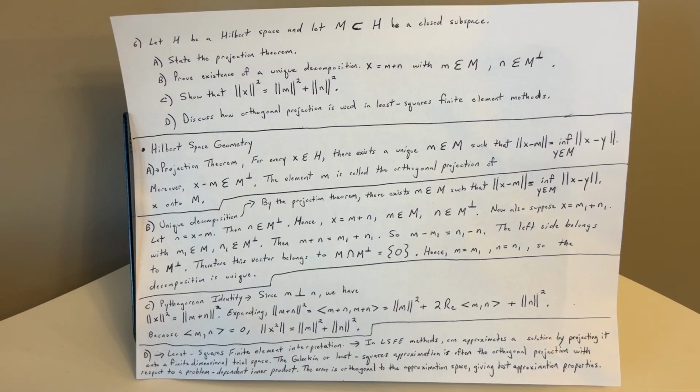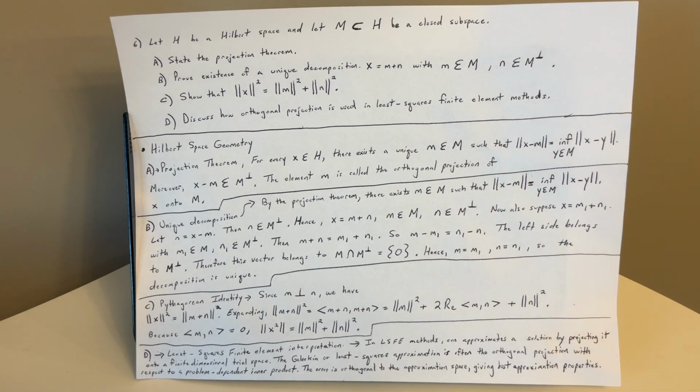For part C, the Pythagorean identity, since m is perpendicular to n, we have that norm x squared equals the norm of m plus n squared. Expanding that, it equals the inner product of m plus n with m plus n.